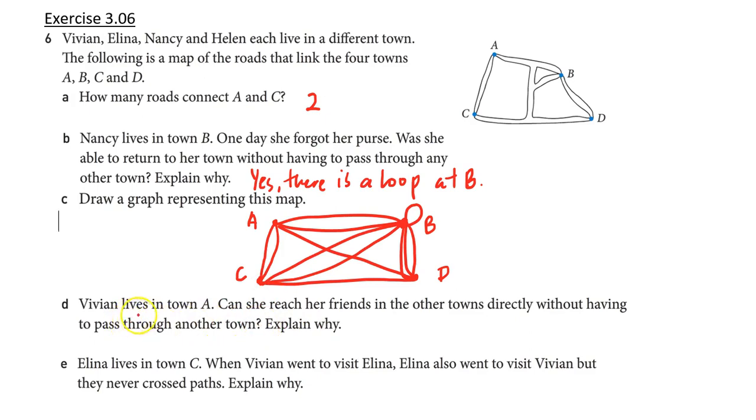Now for question D, Vivian lives in town A. Can she reach her other friends without having to pass through other towns? In this case, A is basically linked to B, C, D directly. So can she actually directly go to her friends without passing other towns?